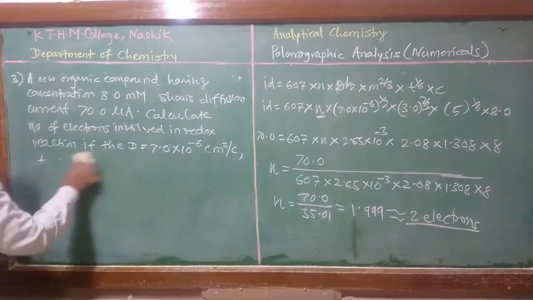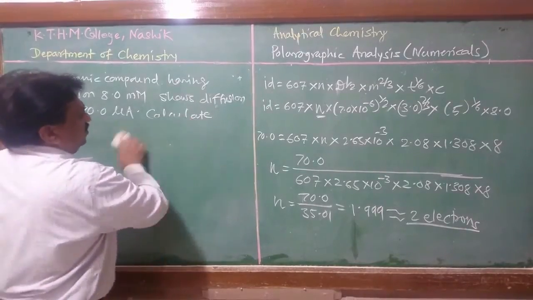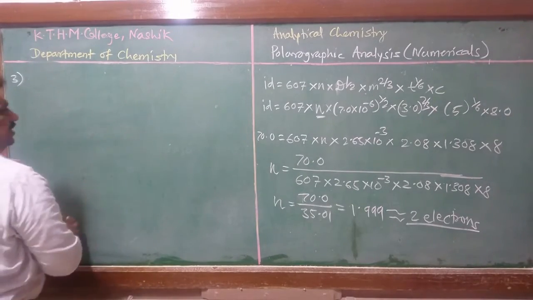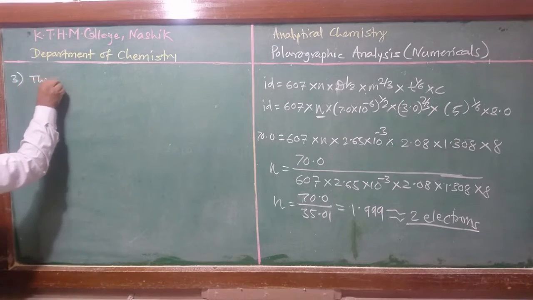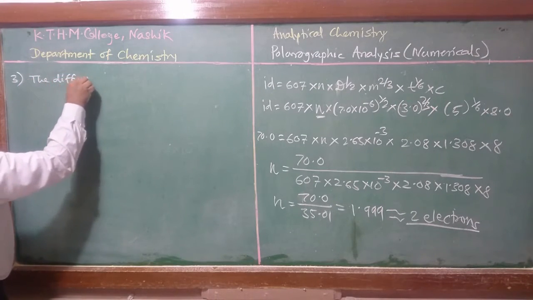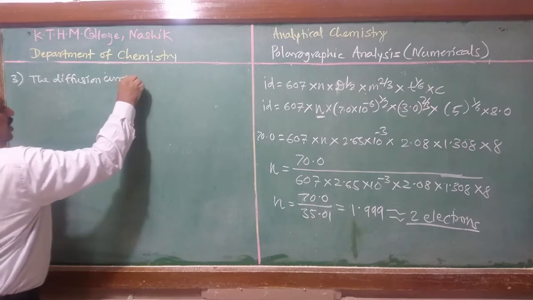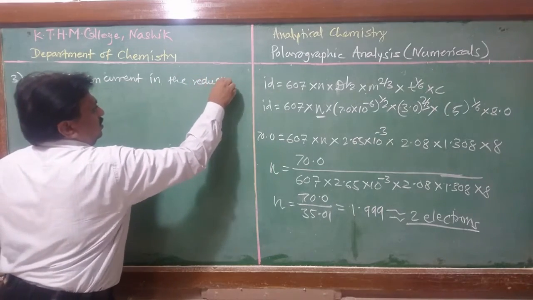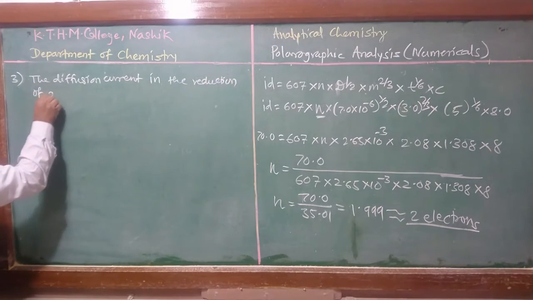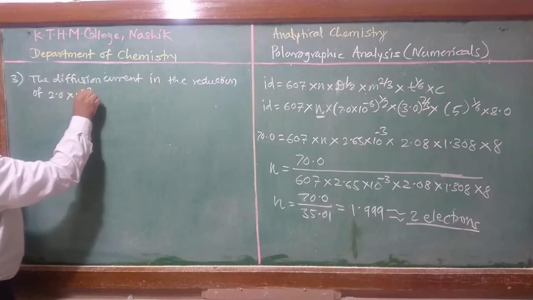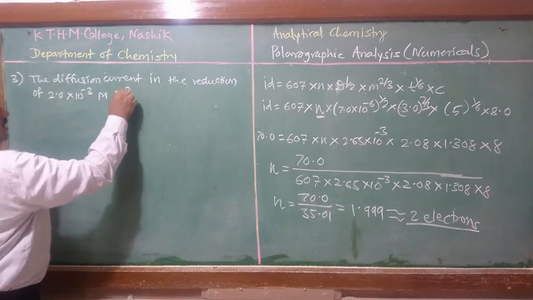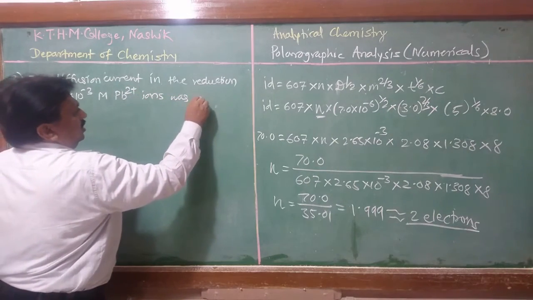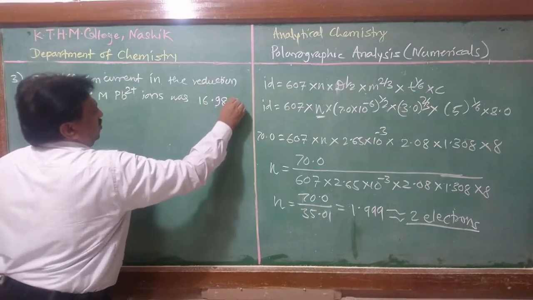Student, now we solve the next problem, which is based on calculation of concentration of the analyte in a polarographic analysis. The diffusion current in the reduction of 2.0 into 10 raised to minus 3 mole Pb2 plus ion was 16.98 microampere.